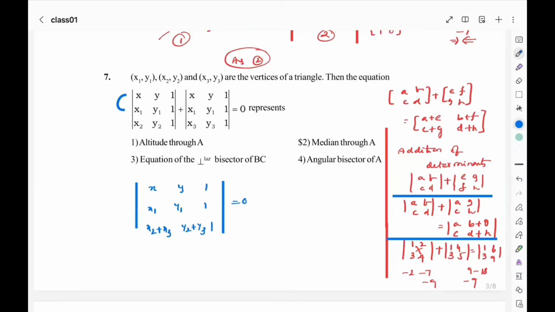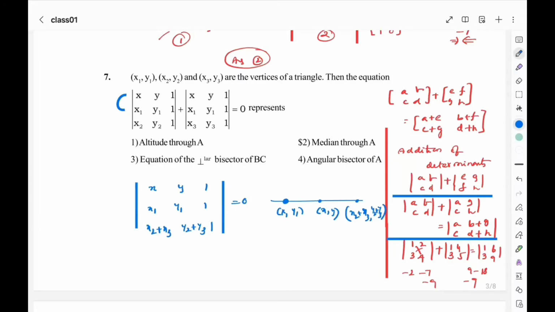So what it says, determinant 0, what it indicates geometrically: these points are collinear. Here x1, y1, here is x comma y, here is x2 plus x3, y2 plus y3. Sir, in the third row, the third element will be 2.